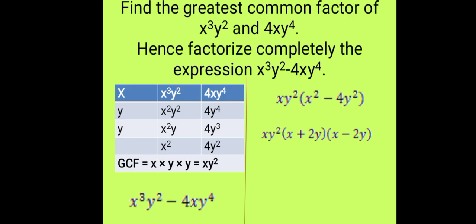This means we shall remove xy squared because it's a common factor in both terms. We move it outside so that inside the brackets we have x squared minus 4y squared. Now we factorize what is inside the bracket. If we factorize, we get x plus 2y multiplied by x minus 2y. All of this multiplied by xy squared.